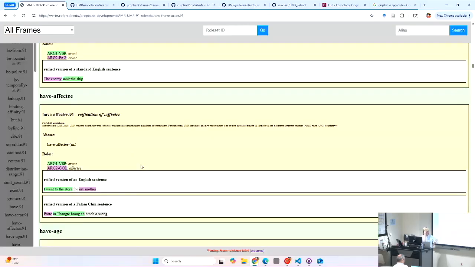So basically, you're going to use the reification anytime that relation is actually predicated, like what I showed earlier with place.